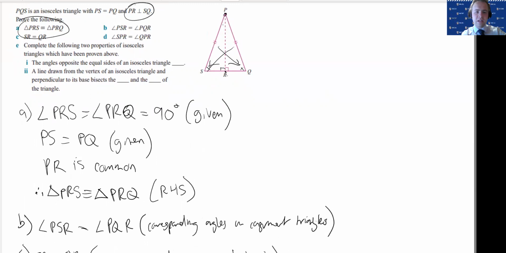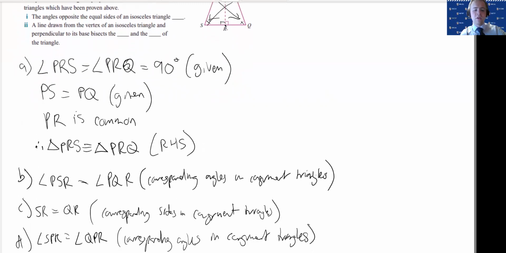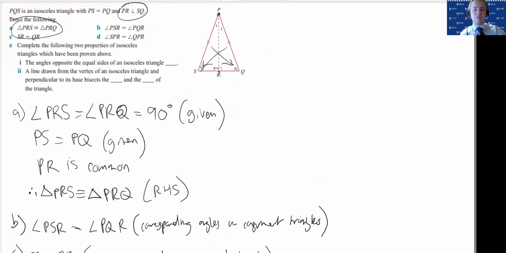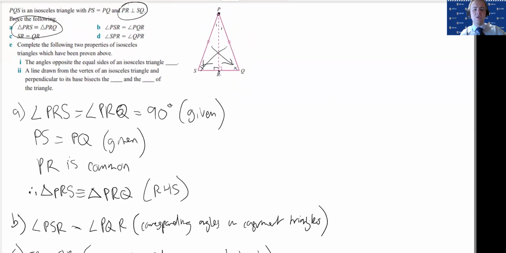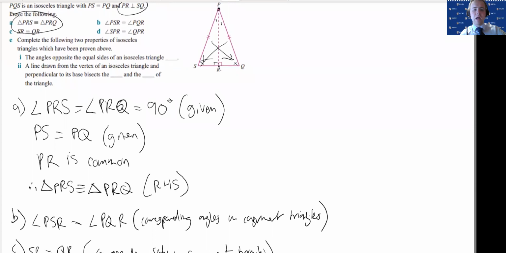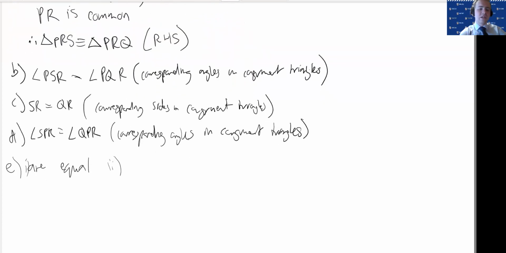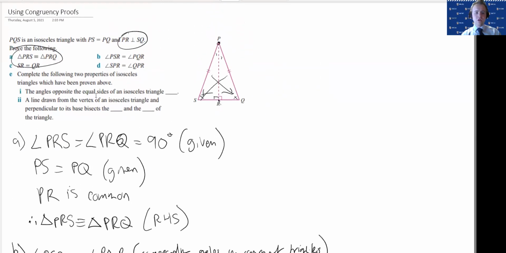So this is bisected, because we showed that those 2 angles were true down here in part D. We've also shown that SR and RQ are equal, so that means that's bisected. So it bisects the angle and the base. Both of those are cut in half. That's what bisect means.